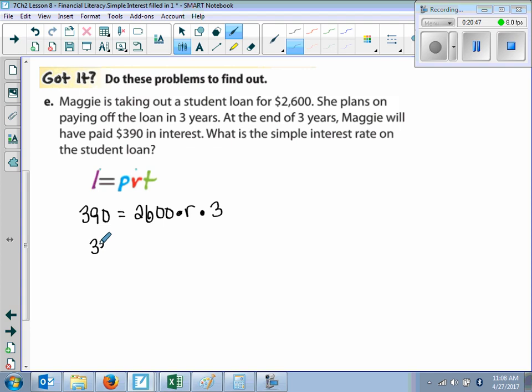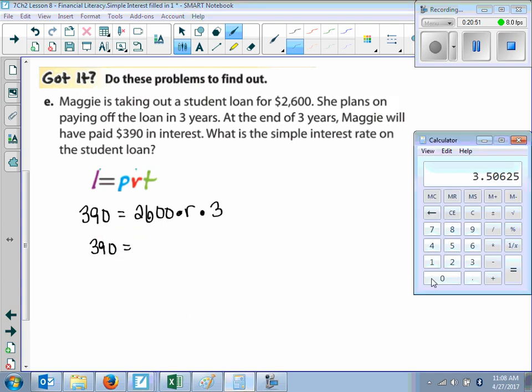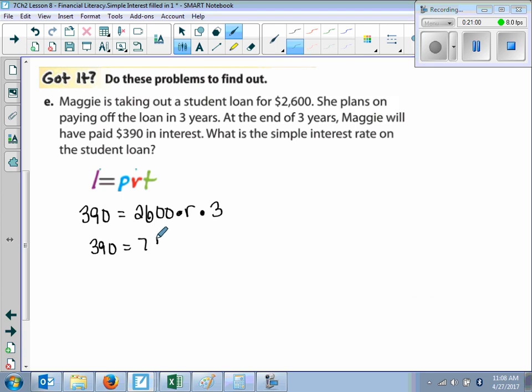So we end up with 390 is equal to 2,600 times 3. That's 7,800. So that's 7,800 R. Now, how do I get the R by itself? Divide by 7,800 on both sides.